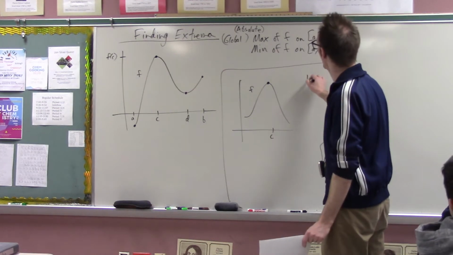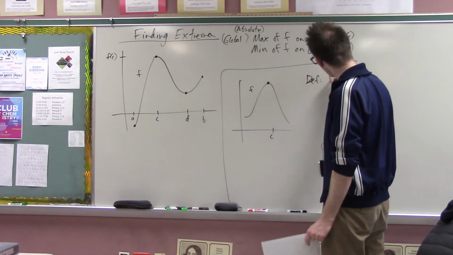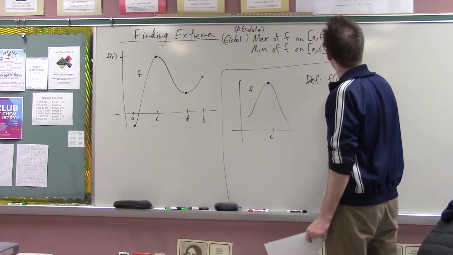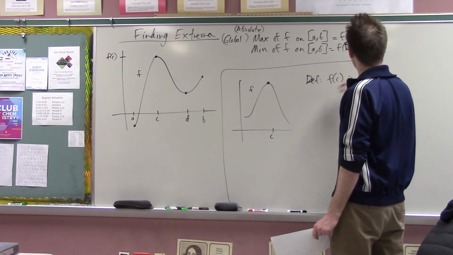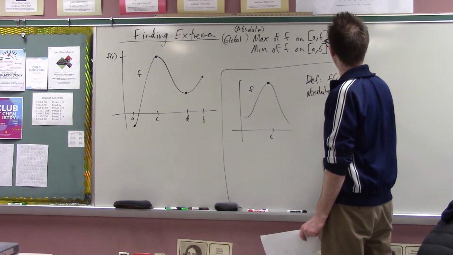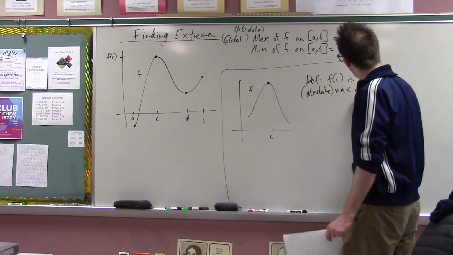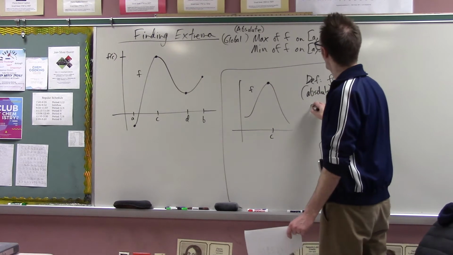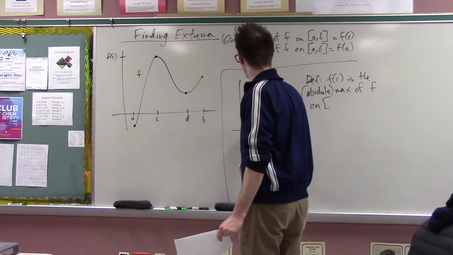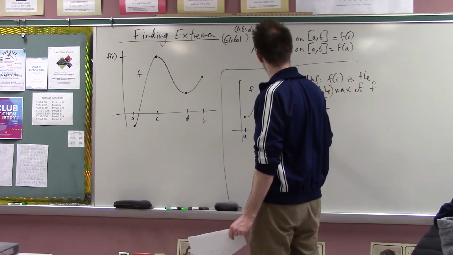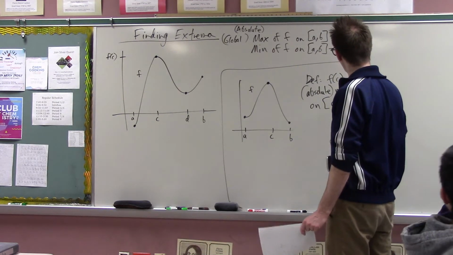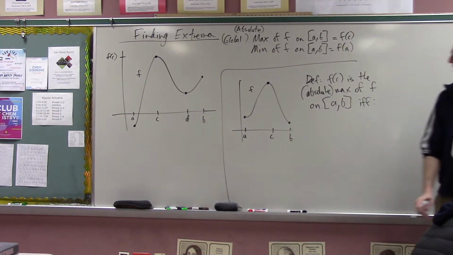So let's just start. Definition: f of c is the absolute or global max of the function f on the interval, and I'll fix this interval to be this particular interval, a, b, if and only if what?